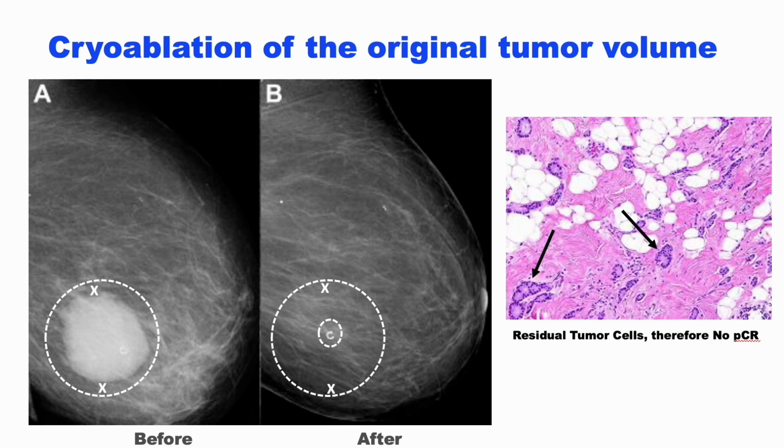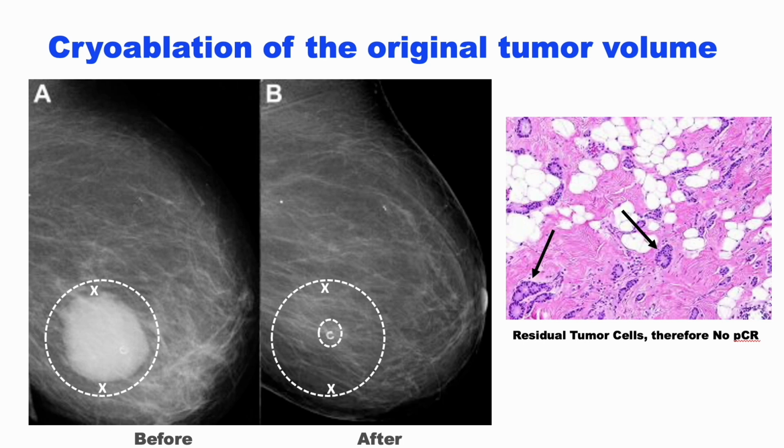To avoid leaving residual cancer cells inadequately treated, it is recommended that cryoablation be directed to the original pre-chemotherapy tumor volume rather than just the post-chemotherapy tumor volume. This principle of treating the original spread of disease is different from how we manage surgery patients after upfront chemotherapy or upfront anti-HER2 therapy.